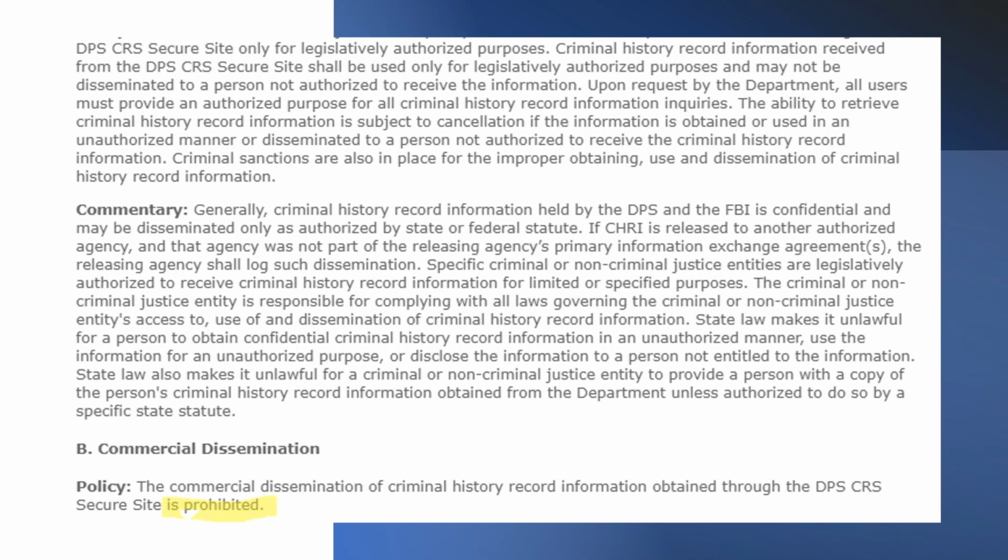Here, this is some more of the Texas Department of Public Safety policy about criminal background checks. They basically tell you cannot disseminate that information to anyone. Okay, you cannot give a copy of the criminal background check to your applicant. So if someone comes in and you tell them, "Oh, I can't hire you," there's a proper way to notify them to let them know that you're unable to hire them.